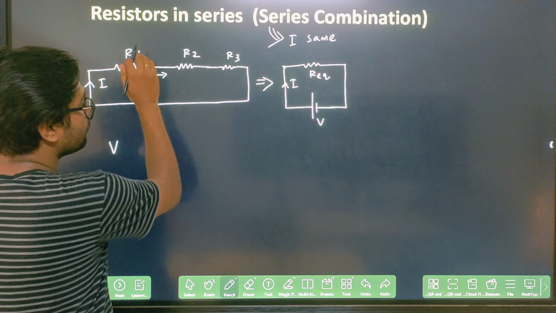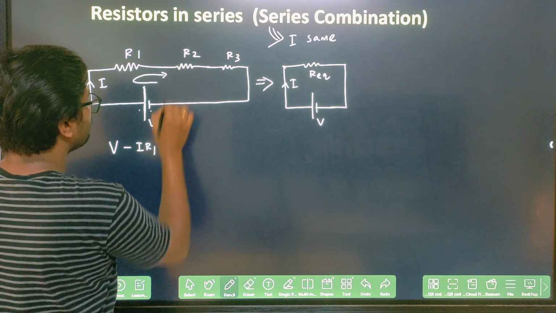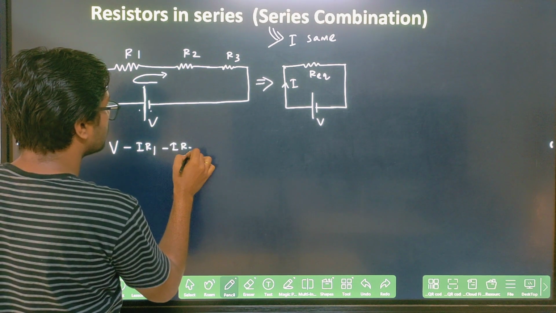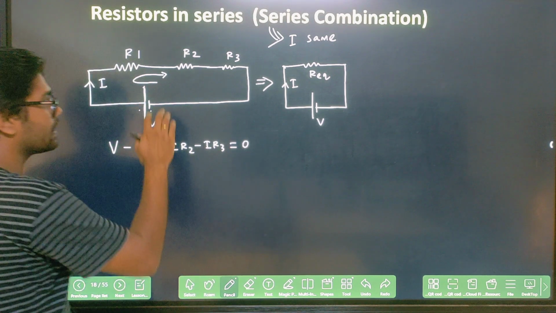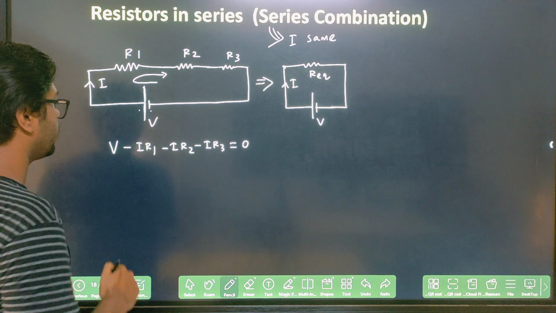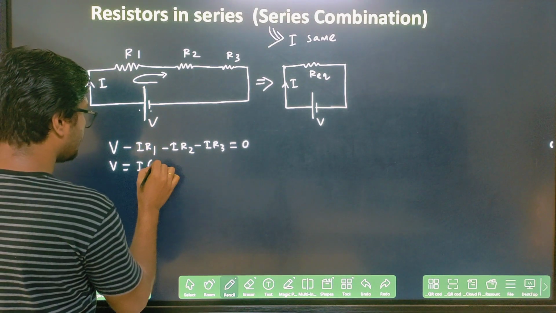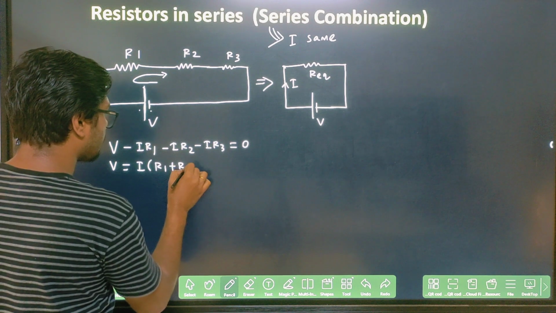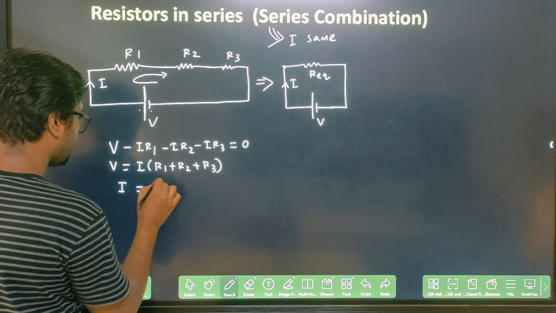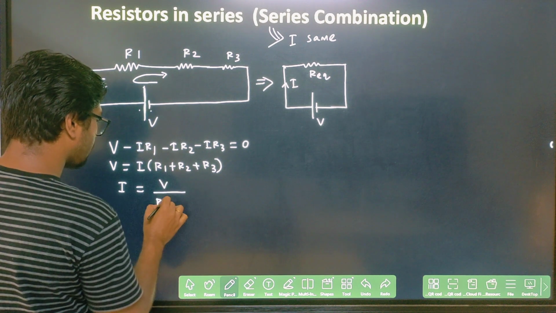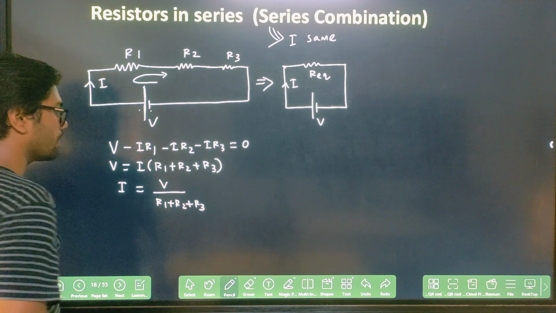So there will be a drop in potential, that will be minus IR1, here minus IR2, here minus IR3, and that will be equal to 0. That is KVL, basically the loop law, right? So V equals I into R1 plus R2 plus R3. So current I will be V divided by R1 plus R2 plus R3.